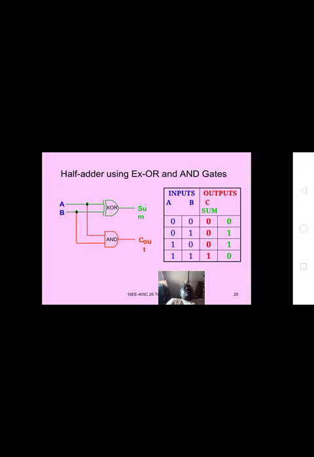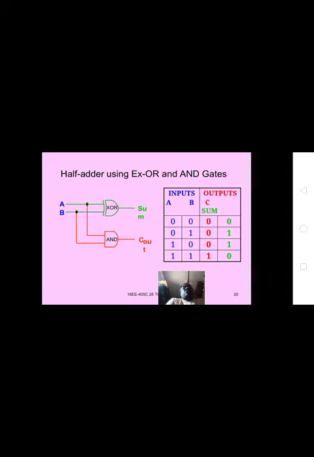Half adder using XOR and AND gate. Here I have given the combinational logic circuit for half adder using XOR and AND gates, as well as the truth table for the XOR and AND gates also. Here inputs are taken as A B, output is sum and carry.